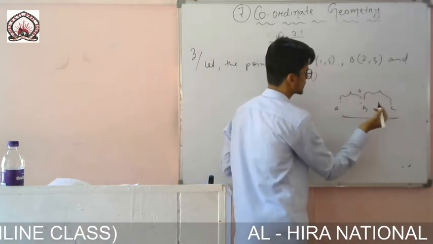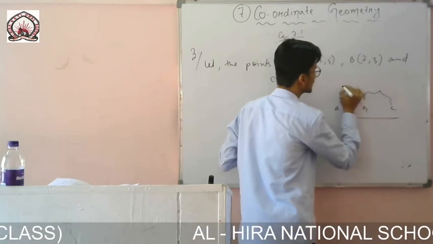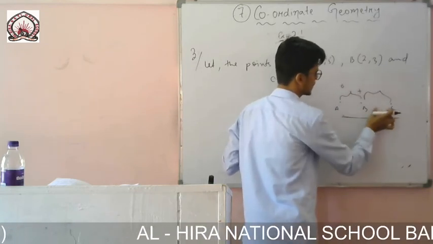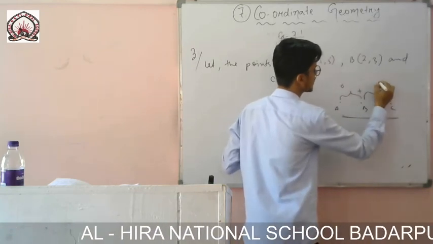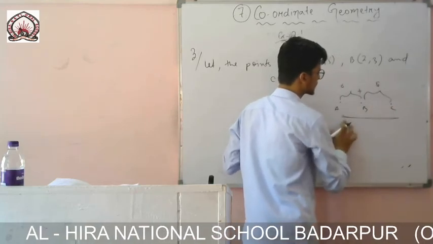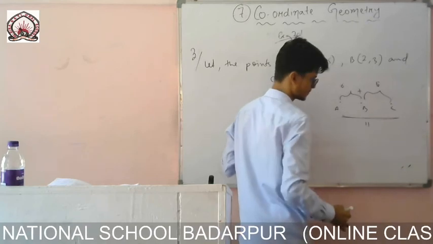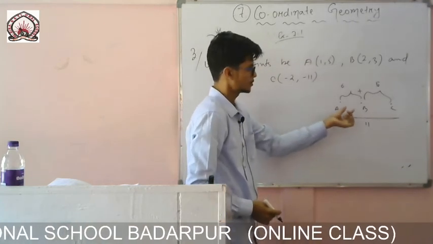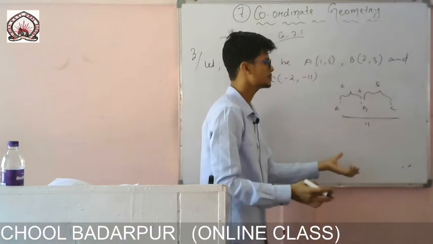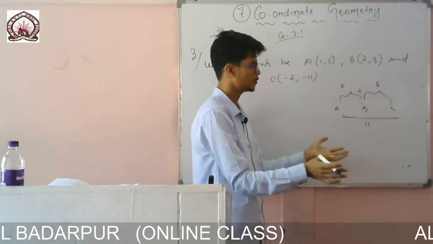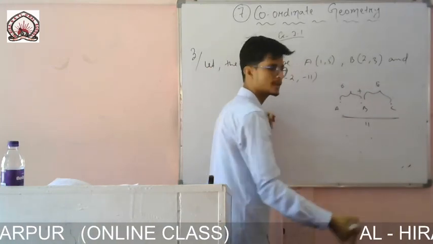For example, if the distance between AB is 6 units and BC is 5 units, then the third one should be equal to 6 plus 5, that is 11 units. If they are not similar, then that means they are not on the same line. The 3 points may be like this.